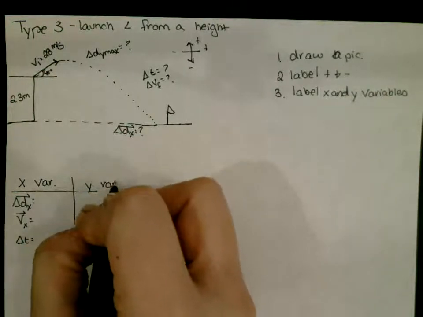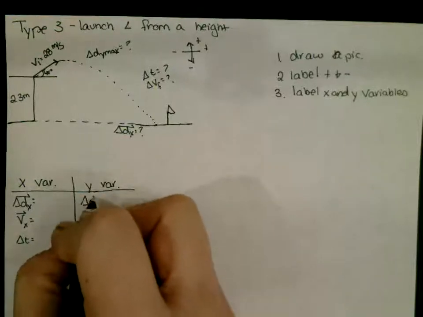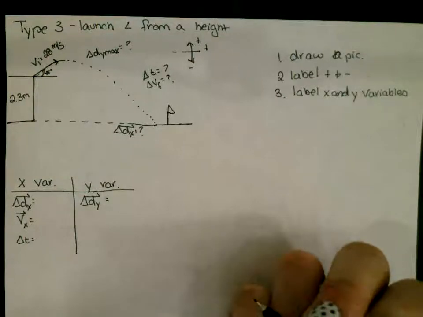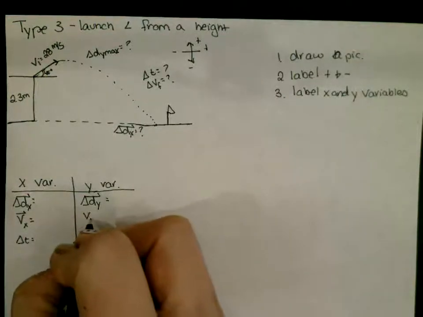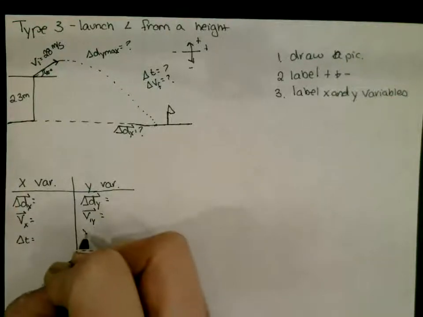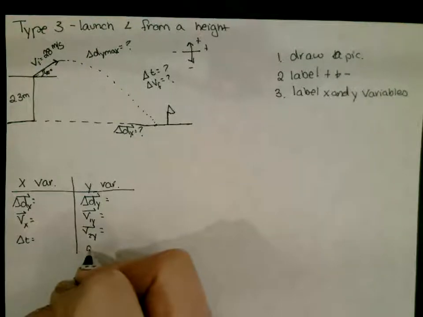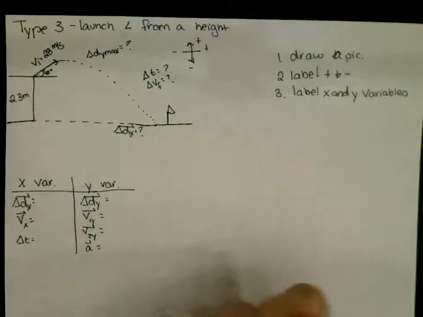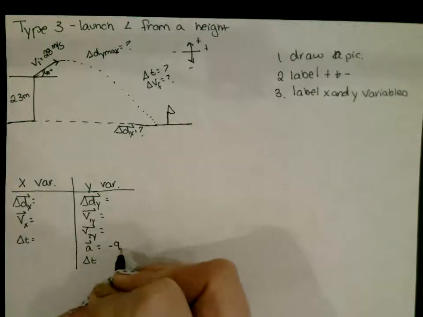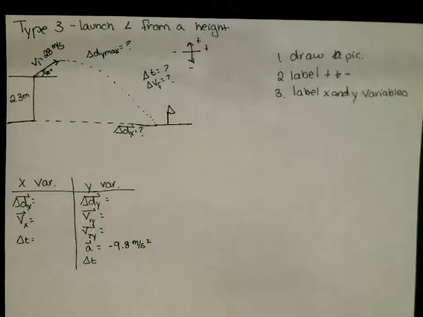My y variables are my vertical displacement, my initial velocity, my final velocity on the y-axis, my acceleration, and my time. My acceleration is negative 9.8 meters per second squared.